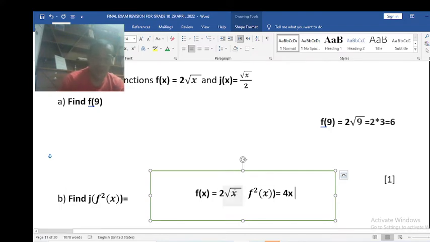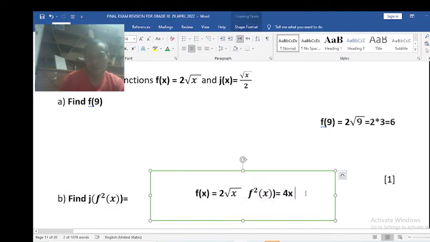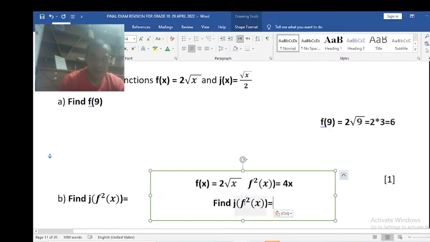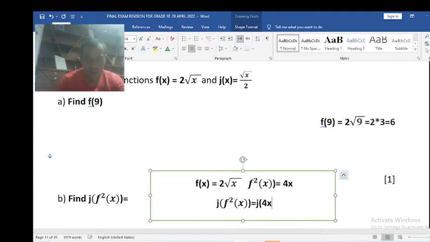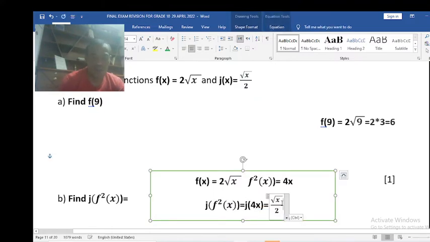Now I will put this 4x inside the function g. So g of 4x, then I will close, which is equal to the square root of 4x over 2.